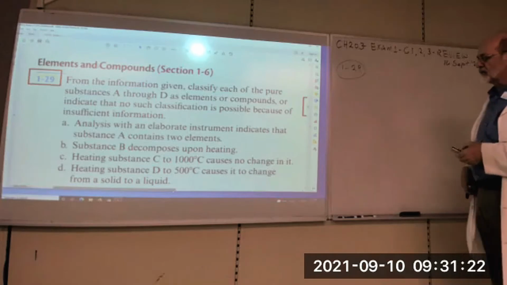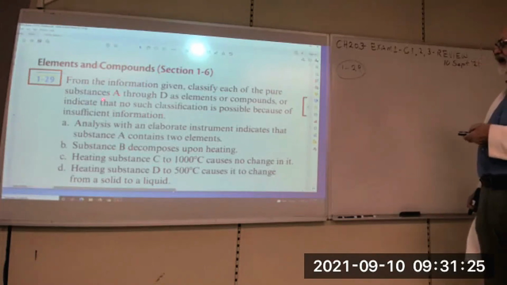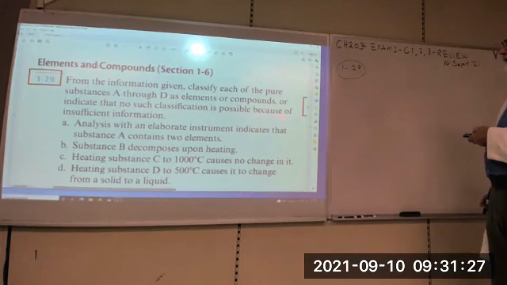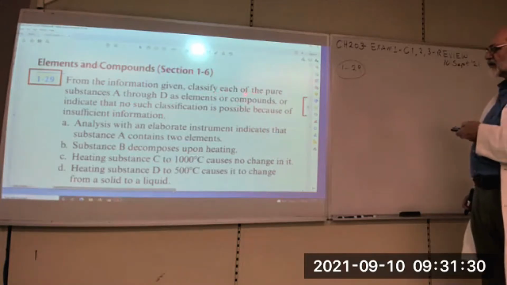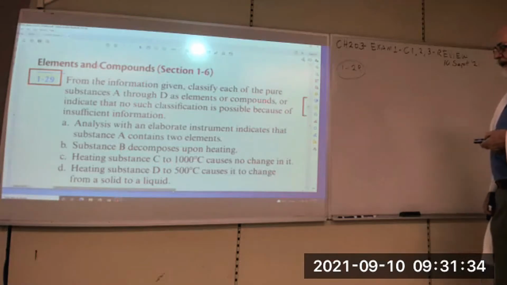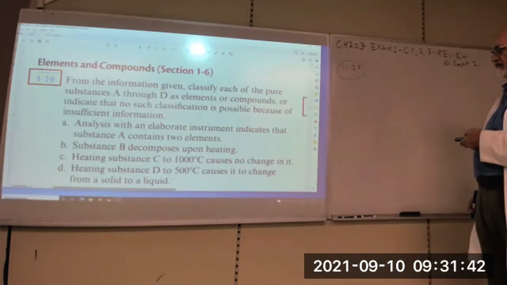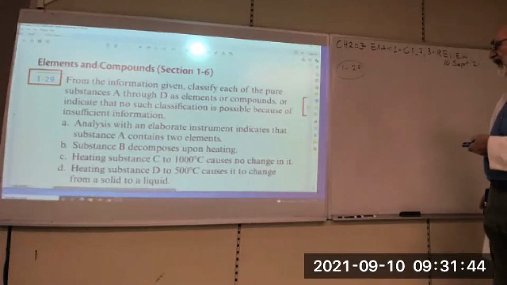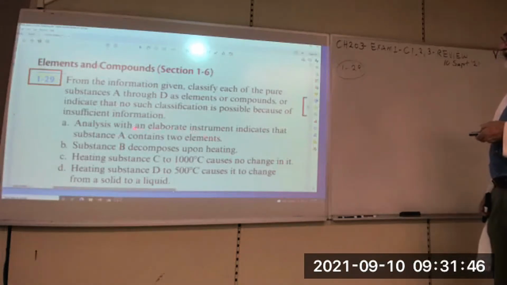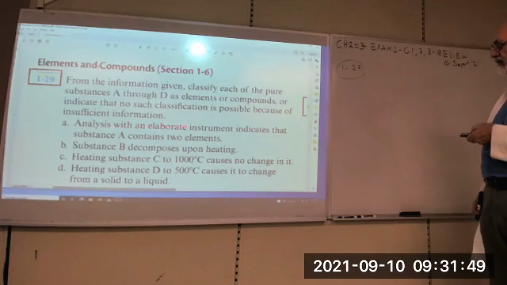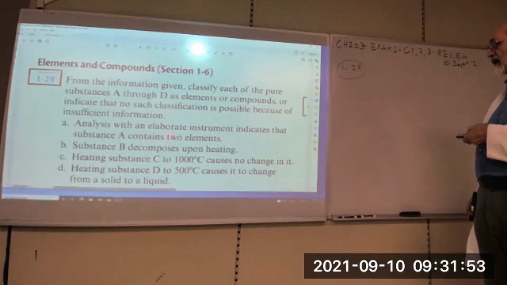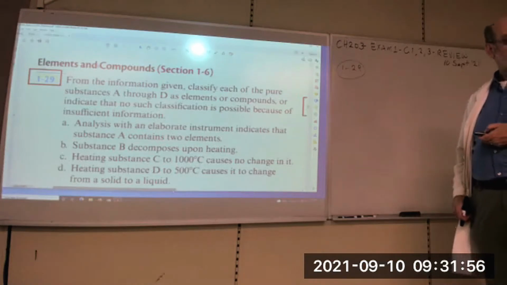Okay, now back to the question. Or indicate that no such classification is possible. So we classify each of the substances as elements or compounds. Analysis with an elaborate instrument indicates that substance A contains 2 elements. This could be a mixture of the 2 elements, couldn't it?